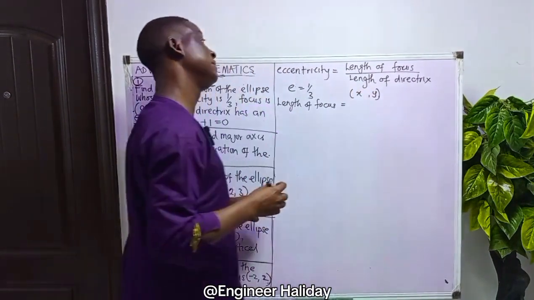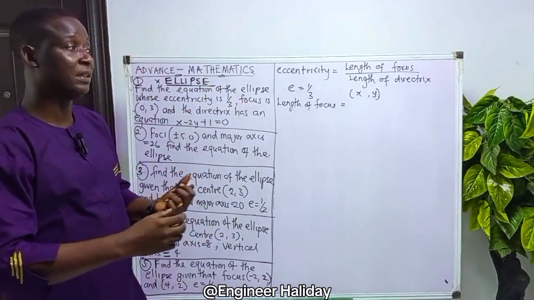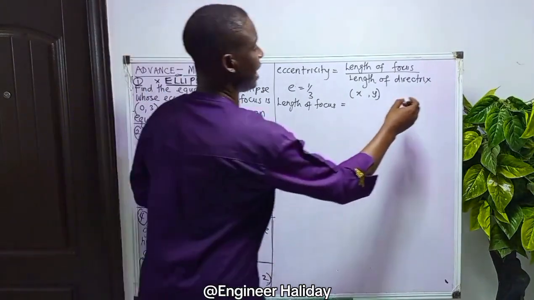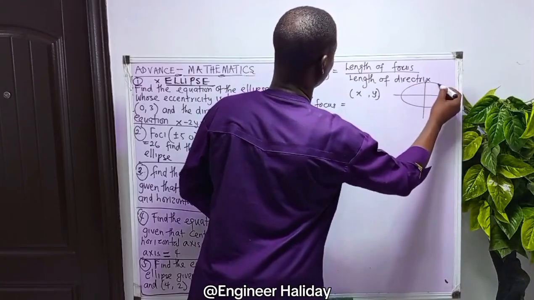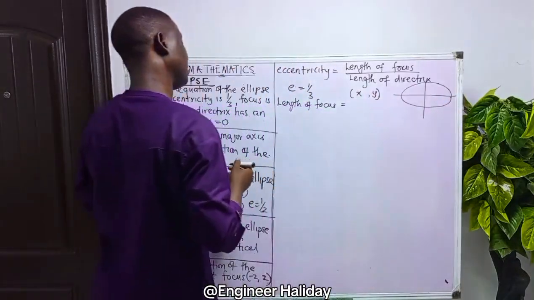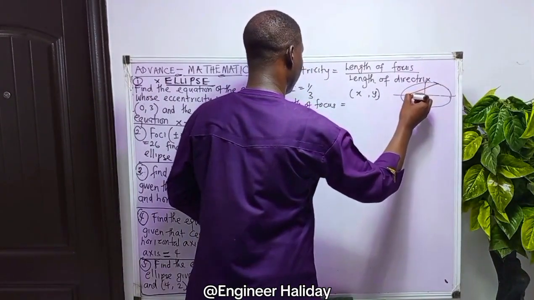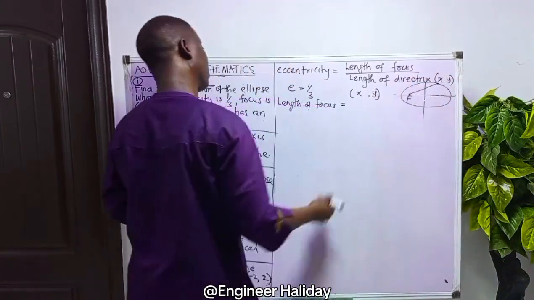This arbitrary point represents all points on the ellipse. So from a point on the ellipse to the focus, we want to take x, y and find the length of that.